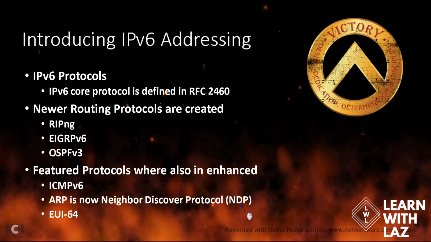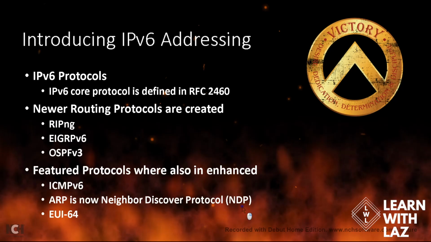So you can use EUI-64, and just to give you a brief overview of what it does, it basically assigns an IP address for you, the interface ID portion of the address.